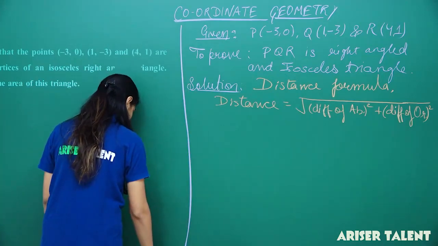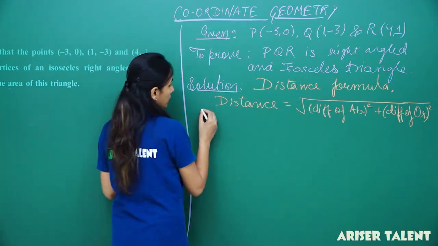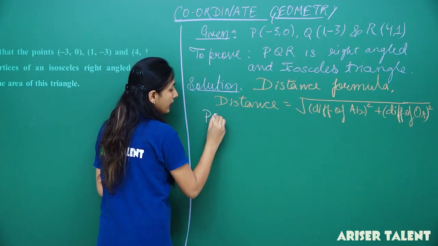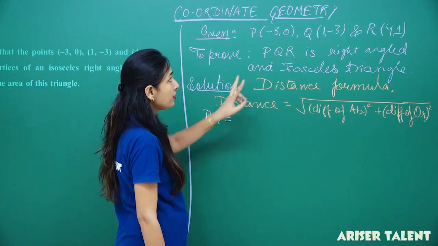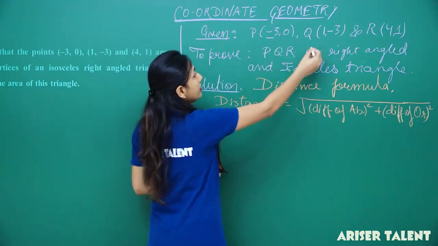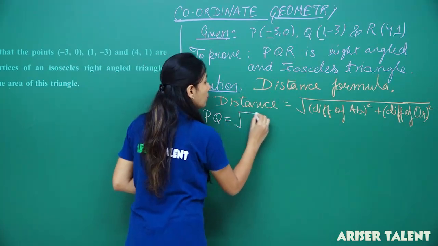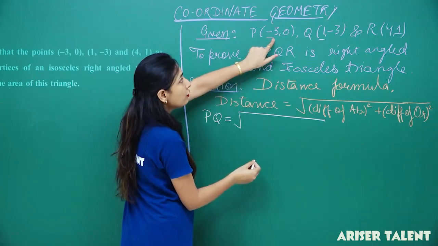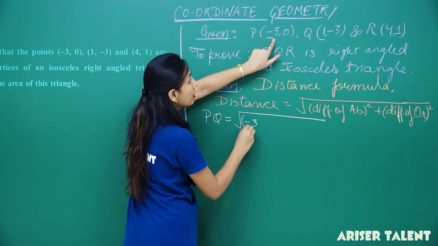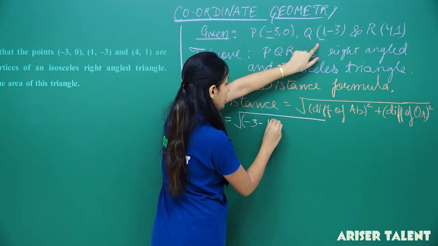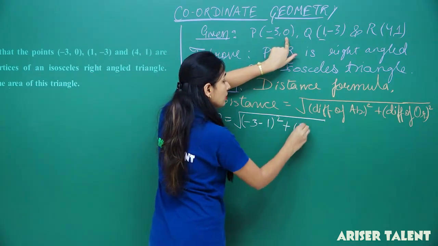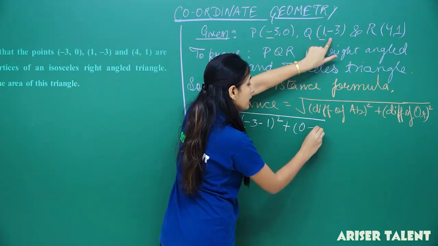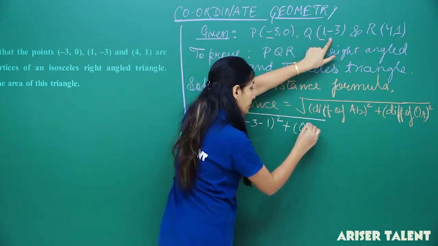If I go with this, not AB but PQ. So if I talk about PQ, the difference of abscissas, this is an abscissa and this is an abscissa. So the difference: root of (-3 - 1) squared plus the difference of ordinates, 0 minus (-3). Minus of -3 is +3.